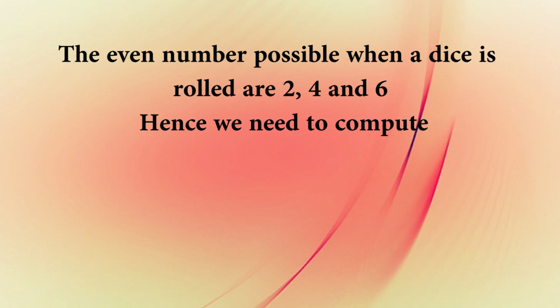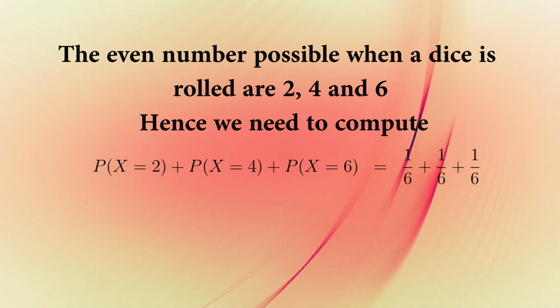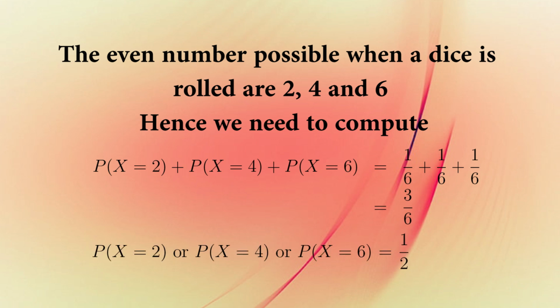As these events are mutually exclusive, we have probability of x equal to 2 or probability of x equal to 4 or probability of x equal to 6, is equal to probability of x equal to 2 plus probability of x equal to 4 plus probability of x equal to 6, which is equal to 1 by 6 plus 1 by 6 plus 1 by 6, which is equal to 3 by 6, which is equal to 1 by 2.